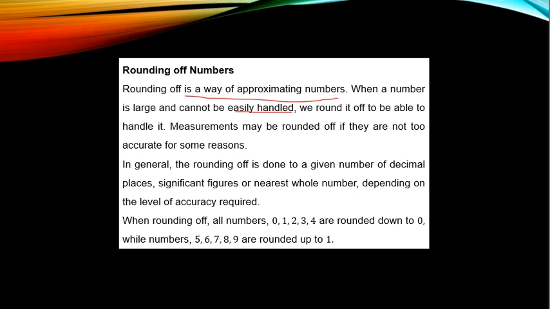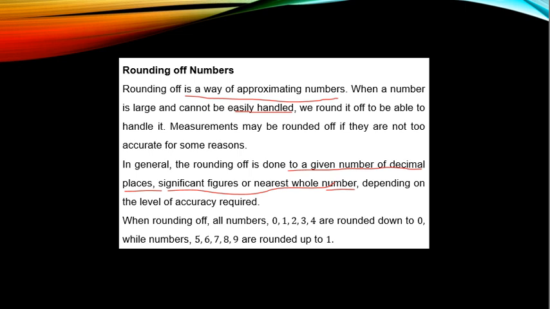In general, the rounding off is done to a given number of decimal places, significant figures, or nearest whole number. In other words, you can round off a number to a given number of decimal places, significant figures, or nearest whole number, depending on the level of accuracy required.